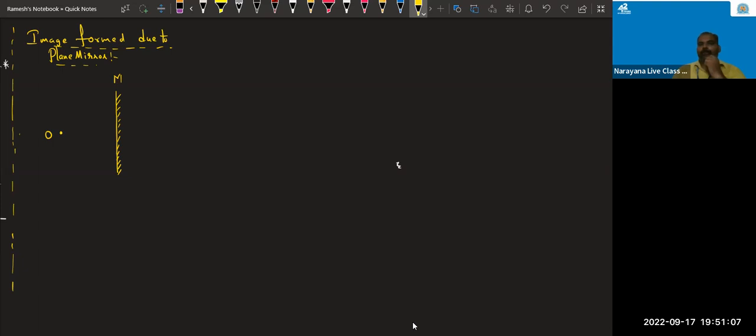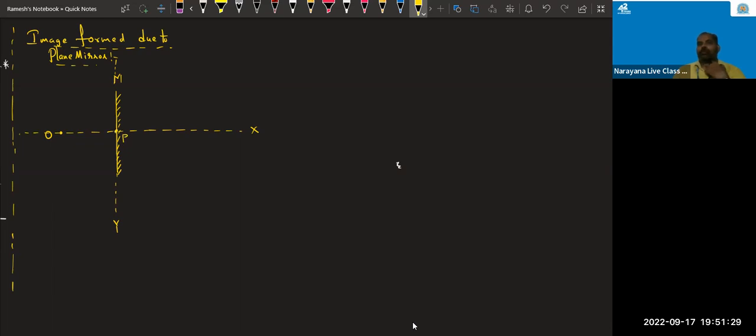This is which axis? X axis. What is the name of this axis? Y axis. Z axis is coming out of the screen, for you, coming out of the paper. So this is the pole or origin.